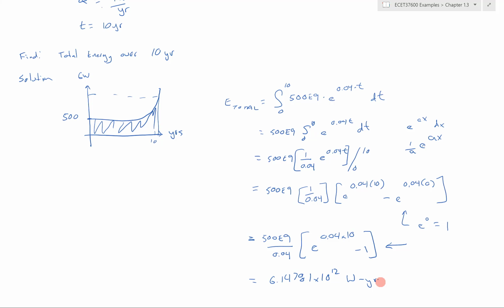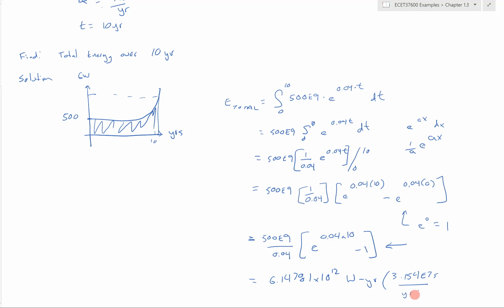We wanted the answer in joules, and so remember, a watt is just a joule per second, so we just need to get rid of this years, and what we'll see is a watt is a joule per second, and then if we convert this over to seconds instead of years, the seconds will cancel out and we will be left with just joules. So to do that, we just need to multiply by 3.154 e to the 7 seconds per year.